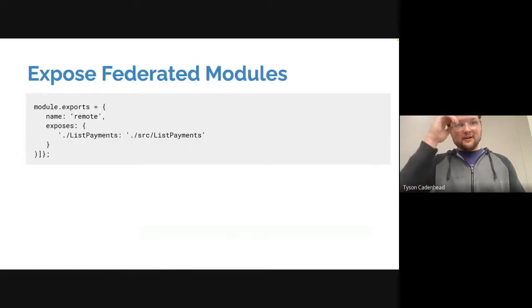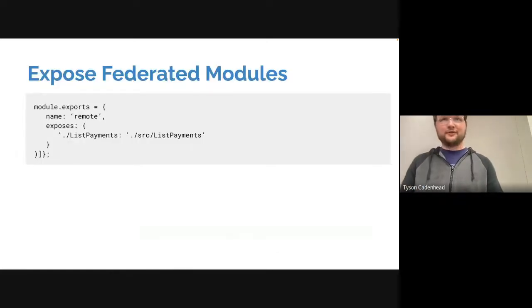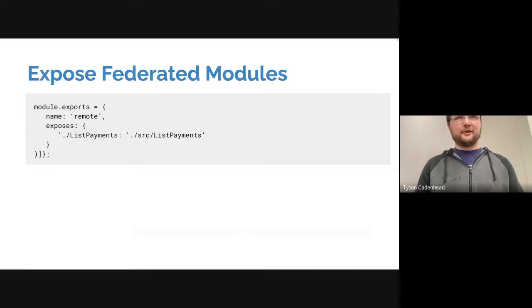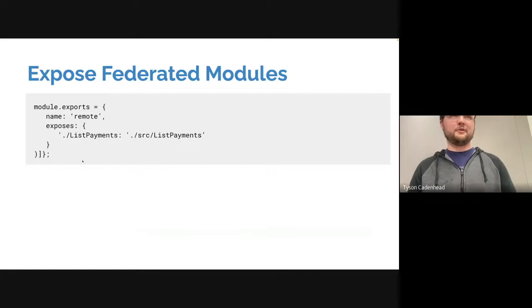The way we could do that is by exposing federated modules. This is a feature of Webpack where you can expose certain modules that you want to be able to pull into other places. Here I'm listing the modules I want to expose in this object called exposes. I have a module called list payments that's going to be available.